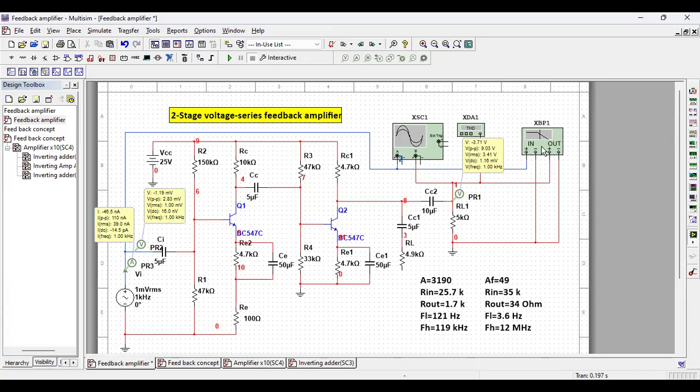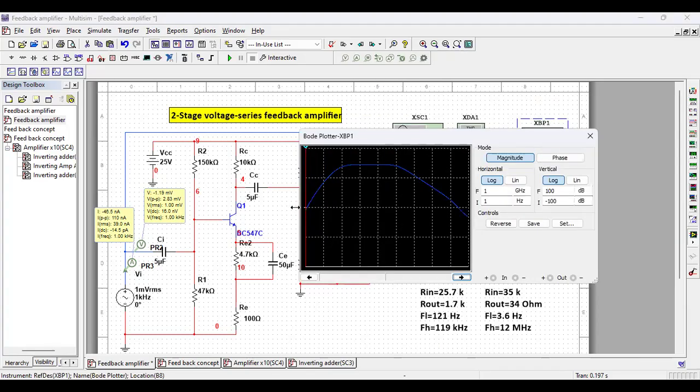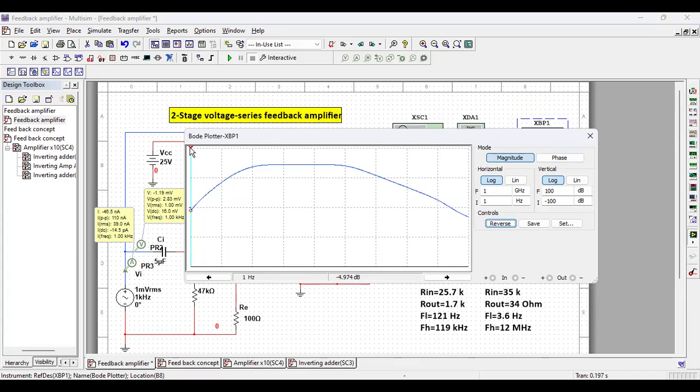I shall see the Bode plot to see the frequencies. I reverse it so that you can see it properly. The mid frequency gain is 72.566 dB. So 72.566 minus 3 is equal to 69.566.